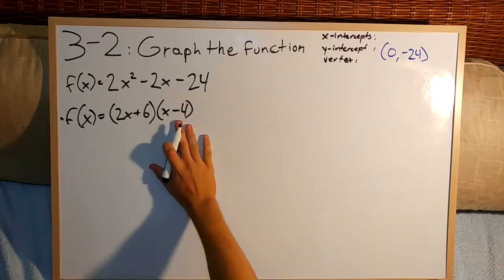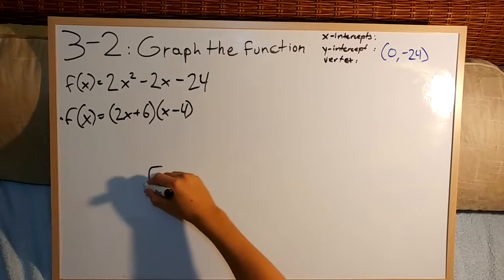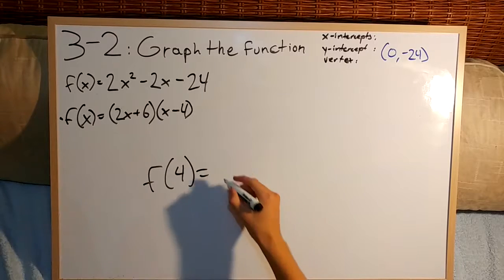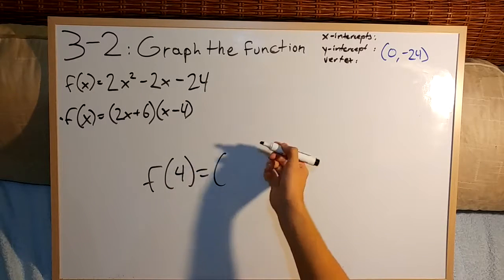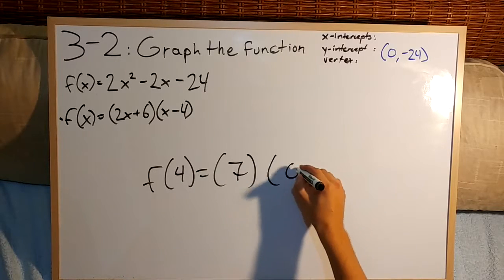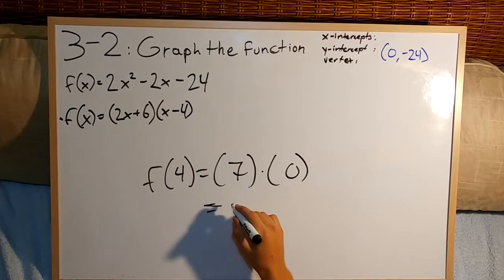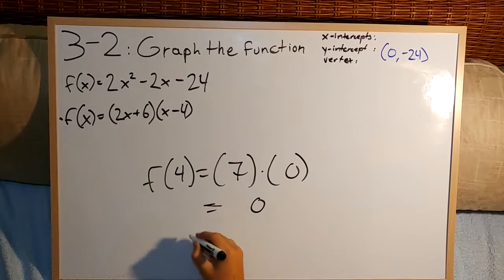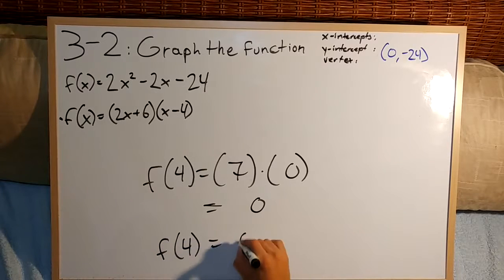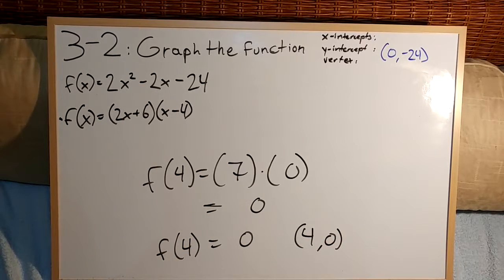One of these will equal 0 and the other one will equal another number. For example, let's take f of 4. We're not using this example, it's just another example. Let's say this will equal 7, for example, and this one equals 0. These two multiplied together equal 0. So, f of 4 equals 0, meaning that the point 4, 0 is an x-intercept.